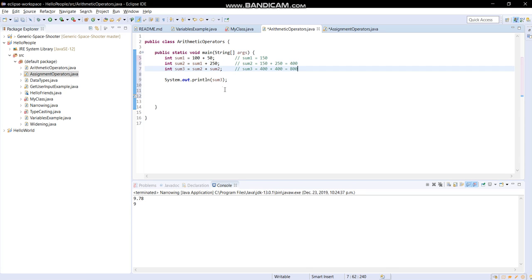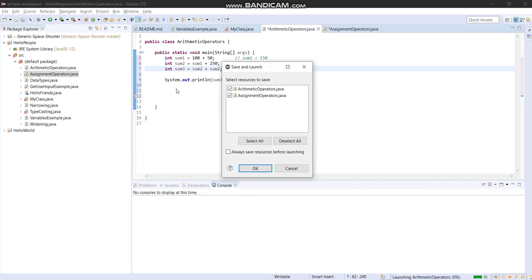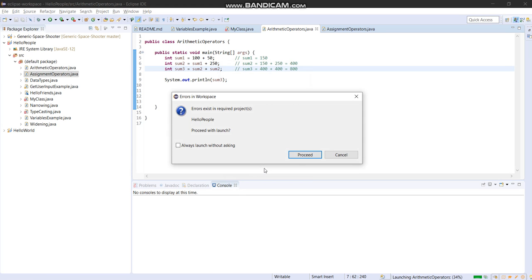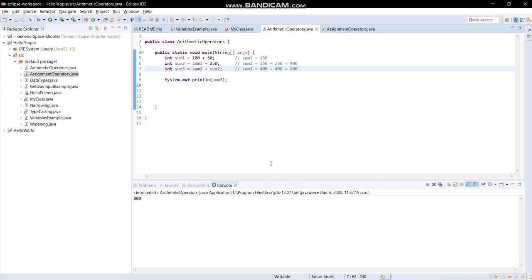And when we print this out, we're going to see that sum3 equals 800 on the line below. And you can see that it equals 800.